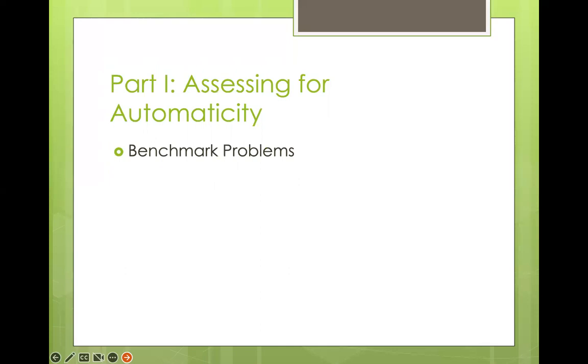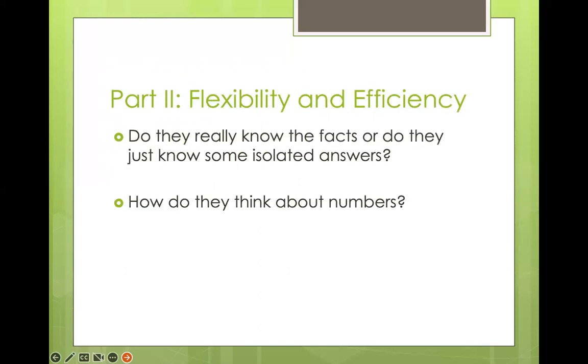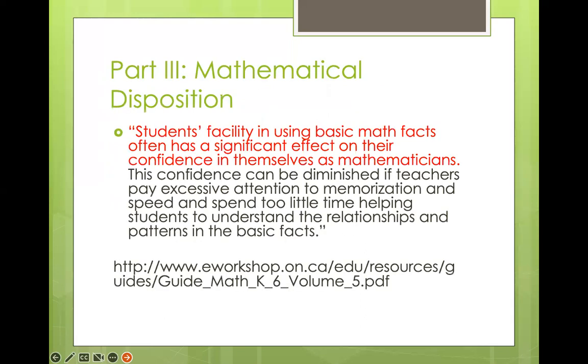Okay. So when you're assessing for automaticity, you're trying to see, do they know it automatically? Or are they thinking flexibly? So we ask kids questions like, if your friend was stuck, what would you tell them? To see if they actually have strategies. And we also want to know about their disposition.